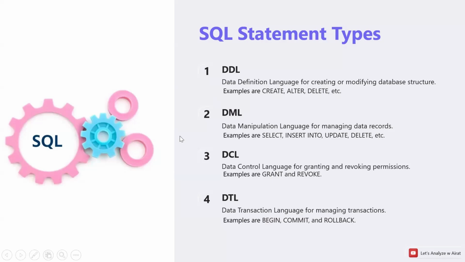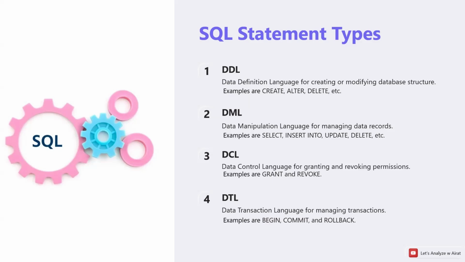The second one we'll be discussing is the data manipulation language, that's DML. Data manipulation language is used for managing the data records. It's used for extracting records from the database as well. Examples are the select, insert into, updates, and the likes.